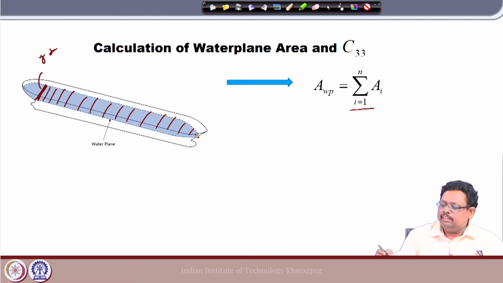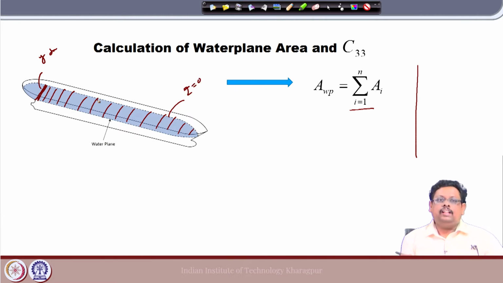The offset table is also very easy, because here, you remember, this is the design water line, and we call this z equal to 0. When you calculate hydrostatics, normally this point is denoted by z equal to 0.